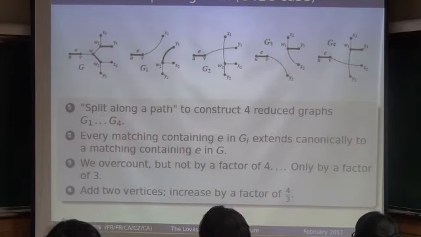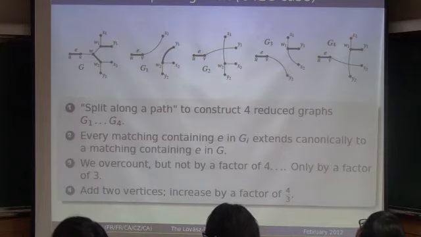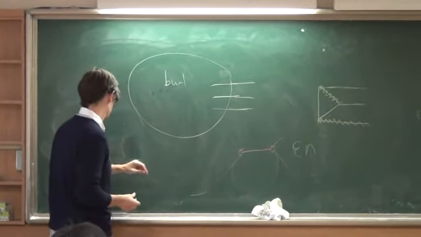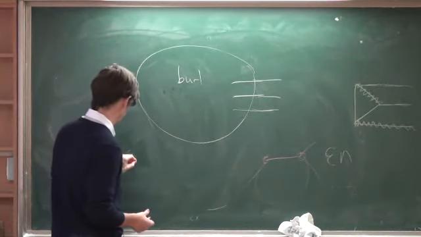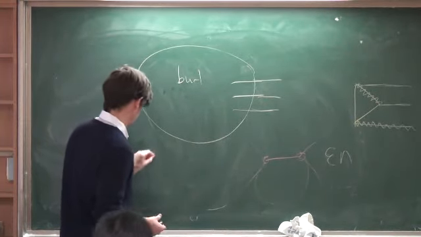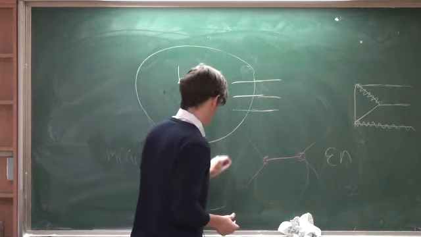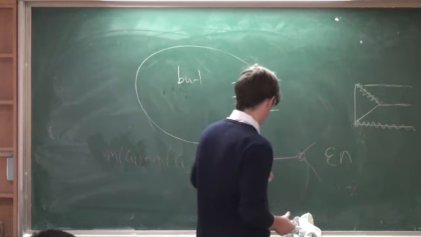And so basically what you get is 4 times m of G, or rather, you have m of G1 plus m of G2 plus m of G3 plus m of G4.